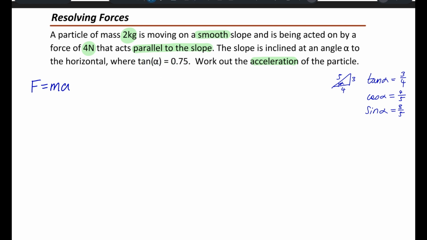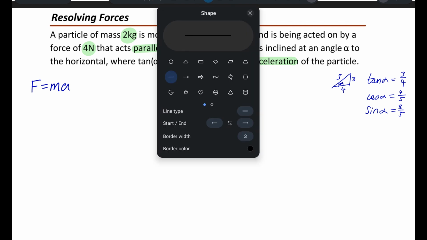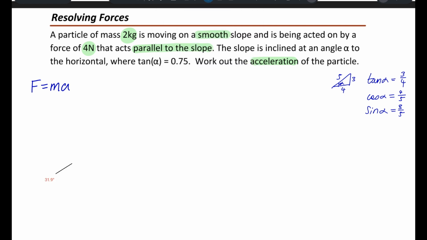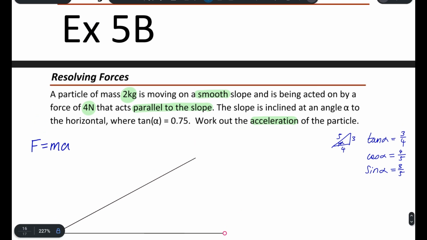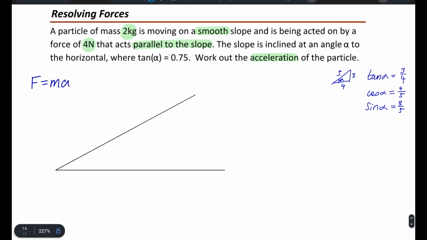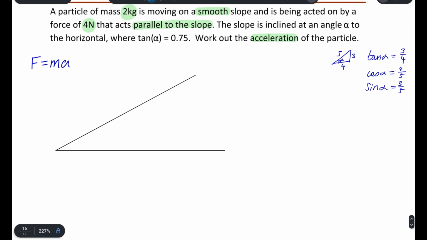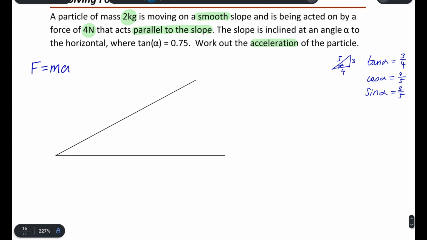So let's get started with a sketch. We know that we have a slope. We don't know the angle. That's fine. We can work it out using sine, cos, and tan, but we're not going to need to do that. So from here, we have an angle alpha. We've got a particle of mass 2 kilograms.